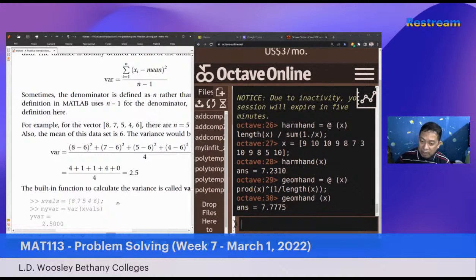Now, for instance, I would follow again this example. xvals has this formula.